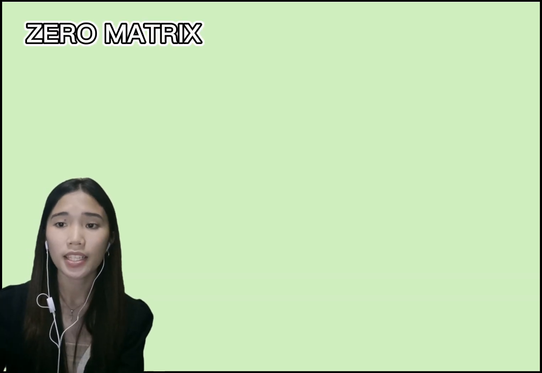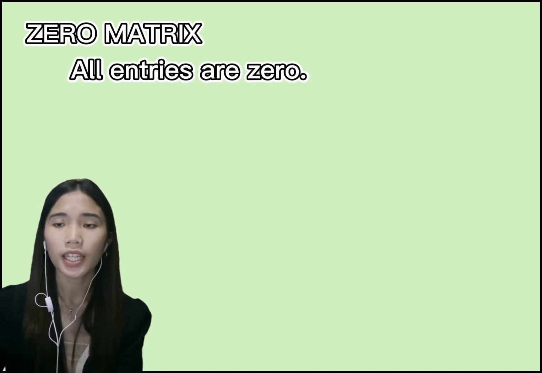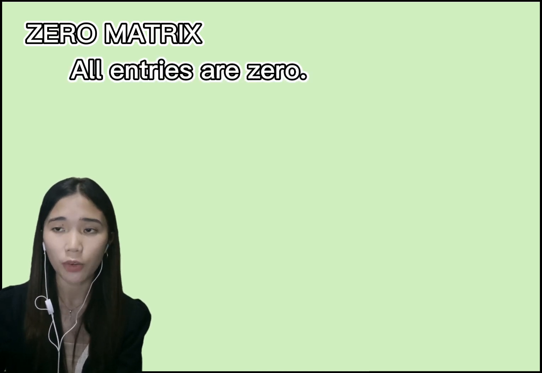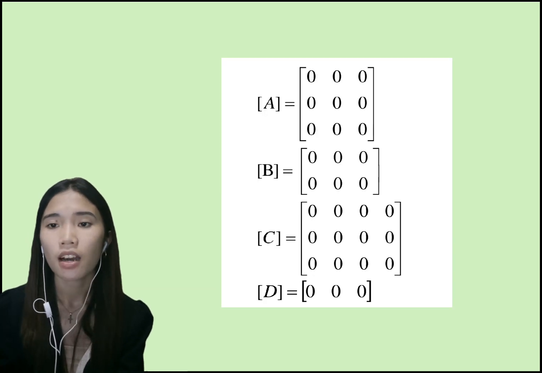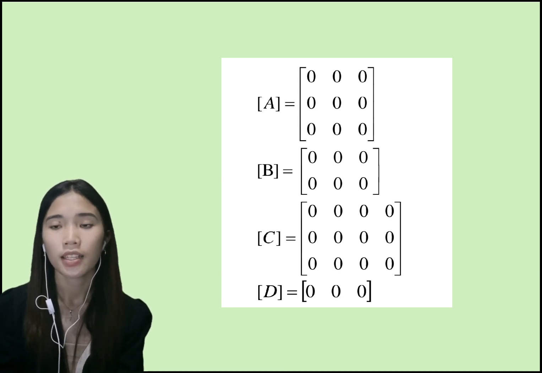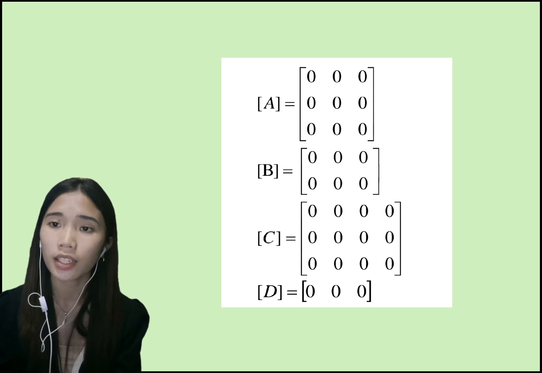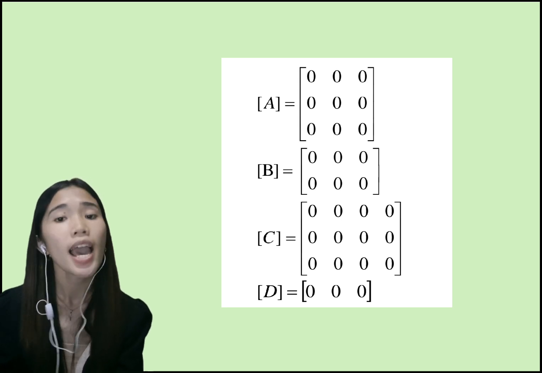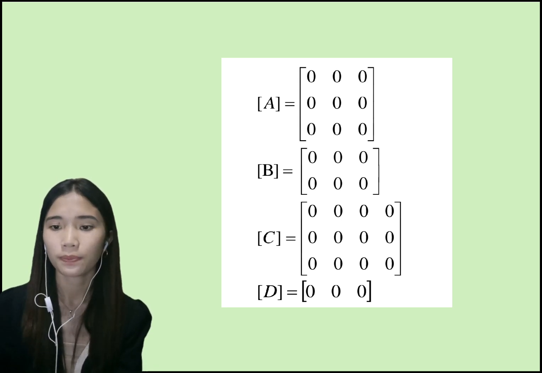Next type is the zero matrix. A matrix whose entries are all 0 is called a zero matrix. So these matrices, A, B, C, D, are all examples of zero matrix, simply because all the entries or elements of the matrices are 0.